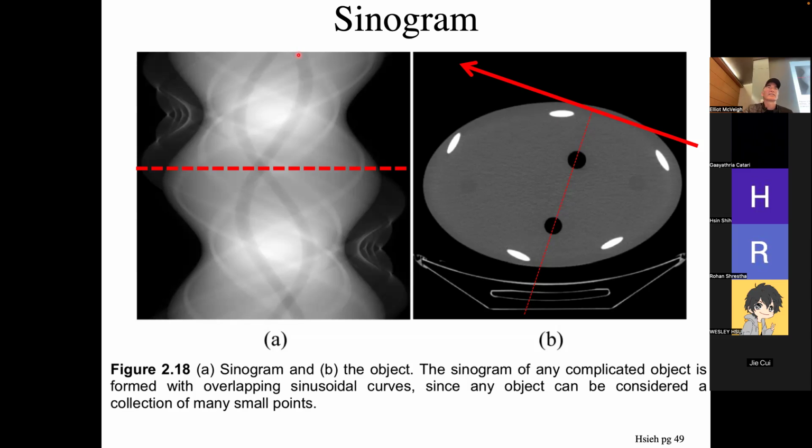So each sine wave has the same wavelength, but its amplitude and phase change depending on the position of that dot. We won't go through the MATLAB code today, but there's a very simple program where you can put dots in and see what the sinogram looks like and play around with it.